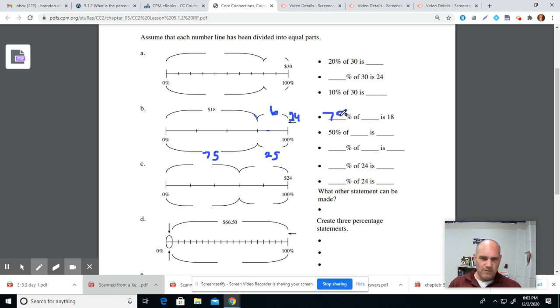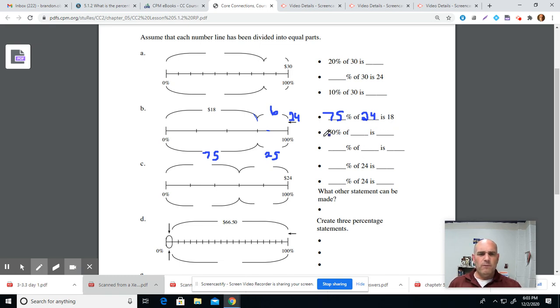So 75% of all of it, so 75% of 24 is 18. All right, so 75% of the whole price is going to be 18, and it should be less because it's only 75%. Yep, it is.